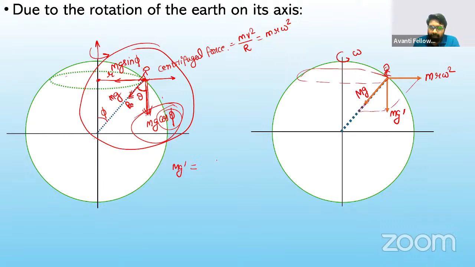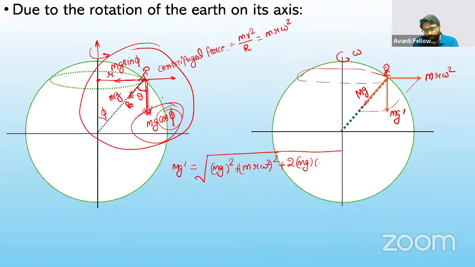Okay, we can apply the law of parallelogram, and it gives us (mg dash) square equals (mg) square plus (m r omega square) whole square plus 2 mg into m r omega square into cos phi.